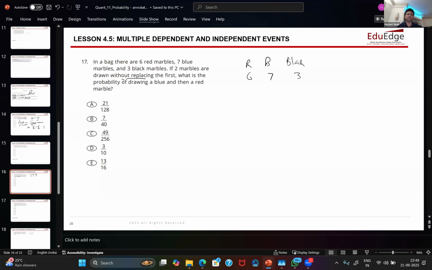If 2 marbles are drawn without replacing the first, what is the probability of drawing a blue and then a red marble? On the first go we draw a blue marble, and on the second go a red marble. In total, there are 16.